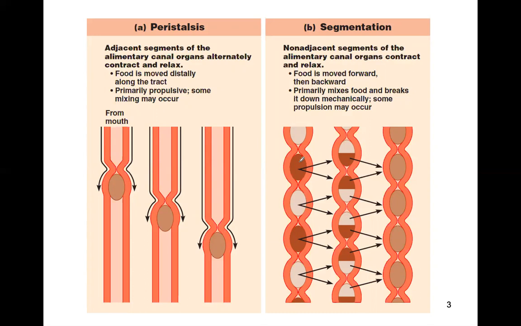This allows your food to be mechanically broken down as it passes through the digestive tract. It also gives it an ability to mix with the digestive enzymes for a more effective digestion.